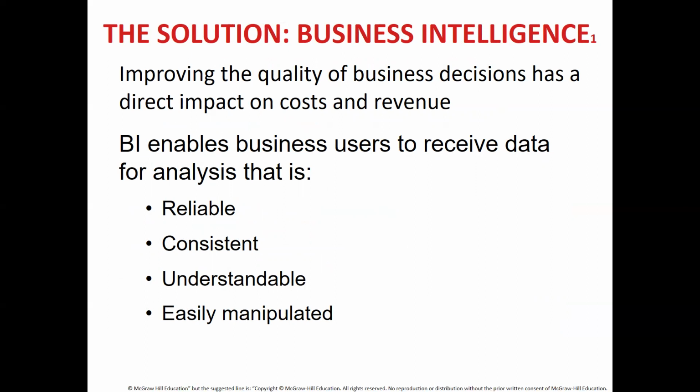If an organization is data rich and information poor, the solution is business intelligence. It improves the quality of data, which makes it useful, therefore information, and then helps make effective decisions from that information.